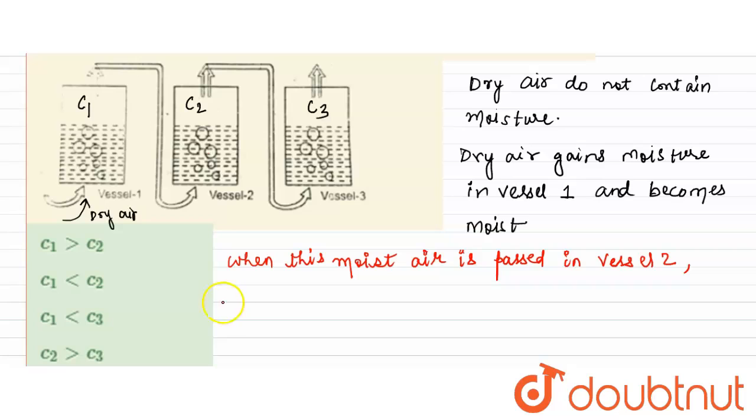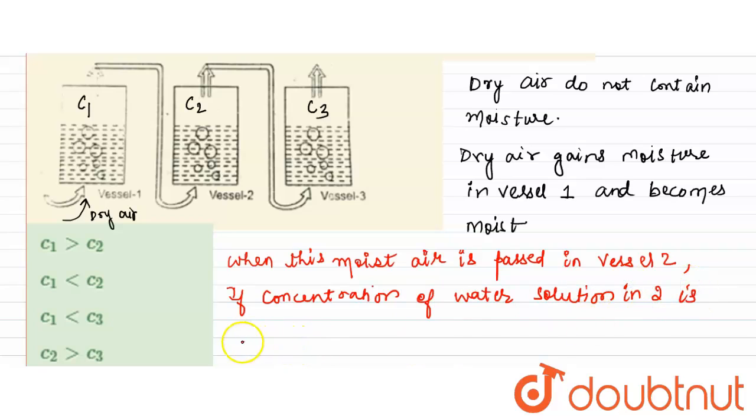If the concentration of water in the solution in vessel 2 is low, then when the moist air is passed in vessel 2, it gains weight.